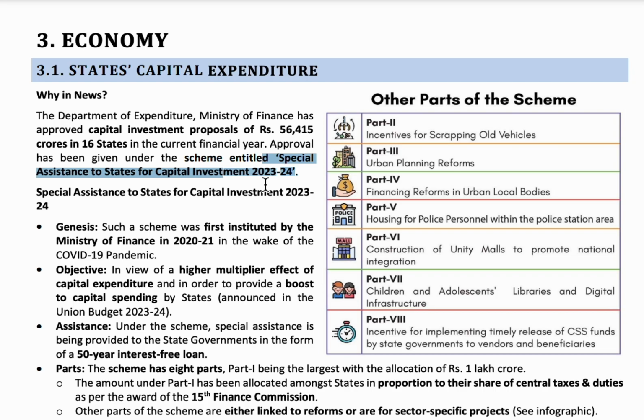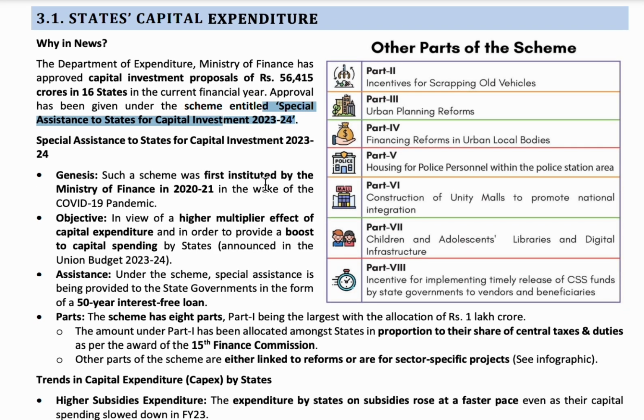Under the scheme, the first part is that the amount is allocated in proportion to the state's share of central taxes and duties under the 15th Finance Commission. If one state has paid more central tax and excise duties, then it will get more amount. If some states have paid less central taxes and duties, then they will get a lesser capital expenditure amount.